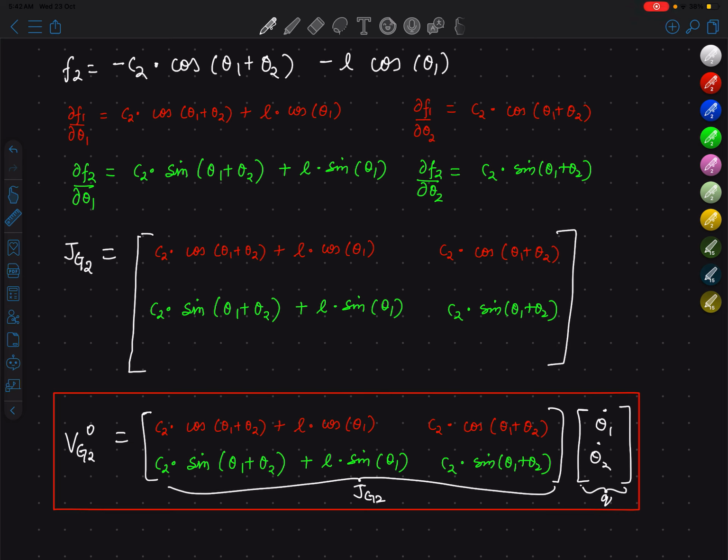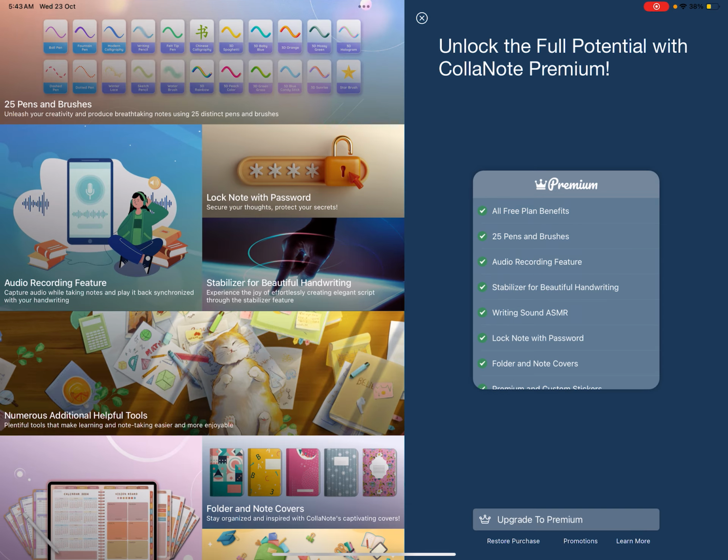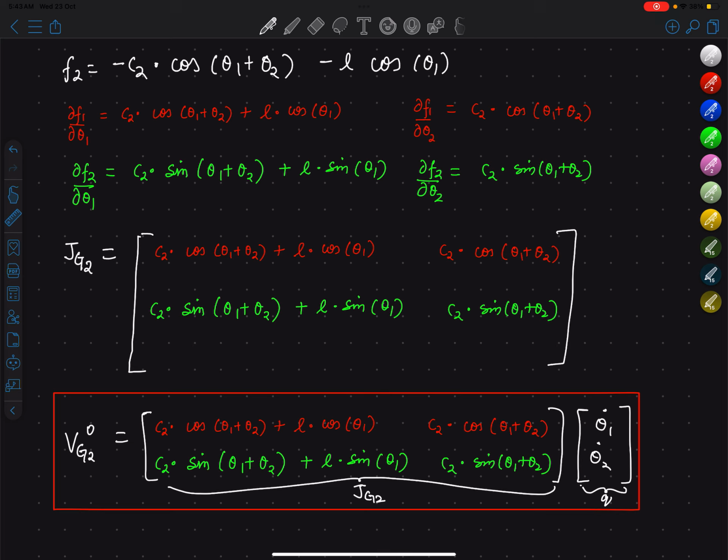If you can write the forward kinematics, you can use the Jacobian of that point to calculate the velocity of that point. Here it was a 2 degree of freedom manipulator or a double pendulum, so it was easier. You could have done it just by writing the equation of the position of a point with respect to joint angles, and if you differentiate it, you would have gotten the velocities.